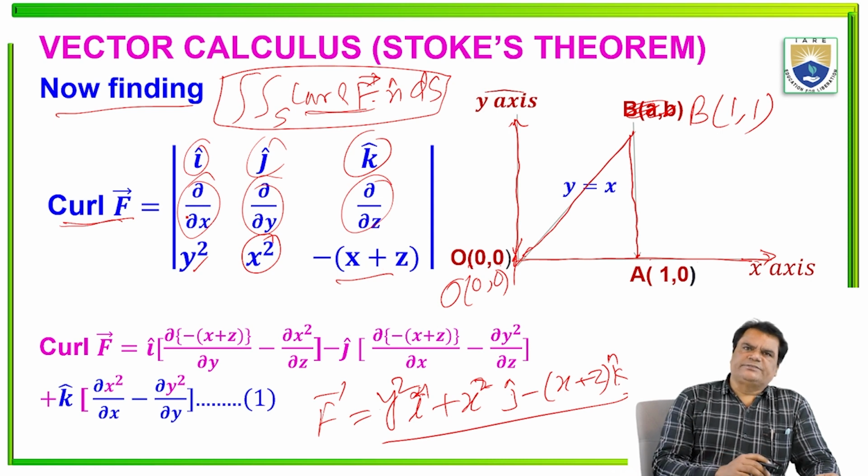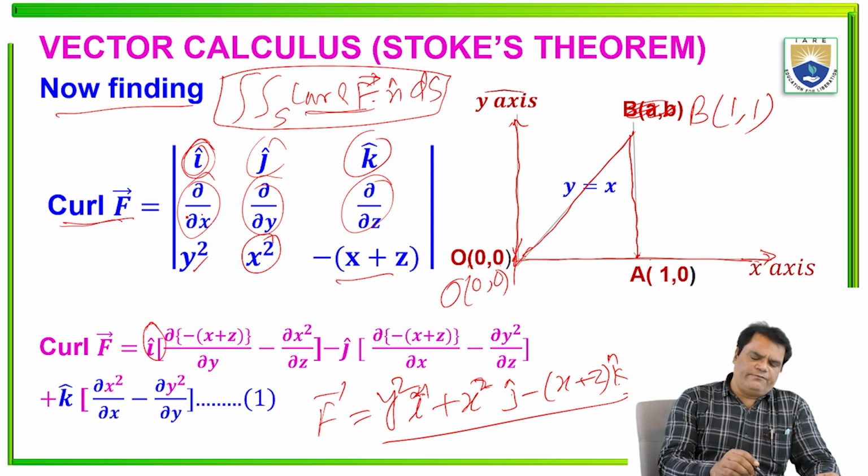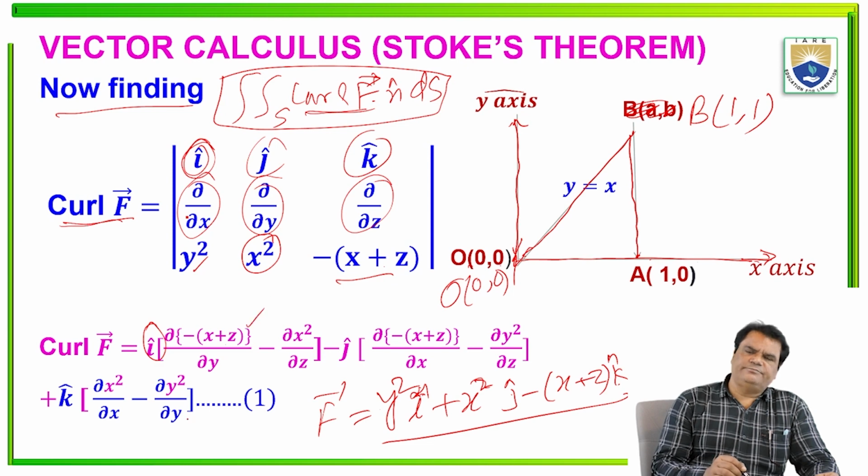So after expanding, we get this. First, i: first row and first column cancelled, ∂/∂y of (x + z) minus ∂/∂z of x².